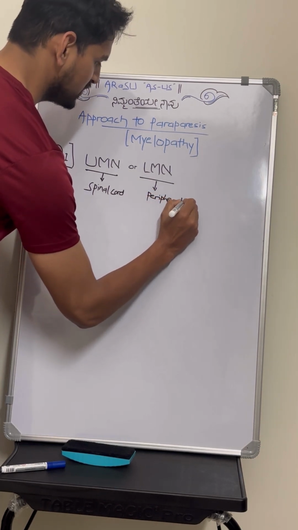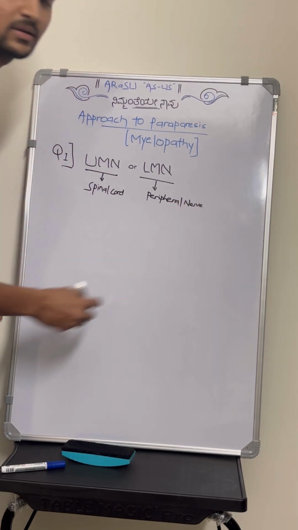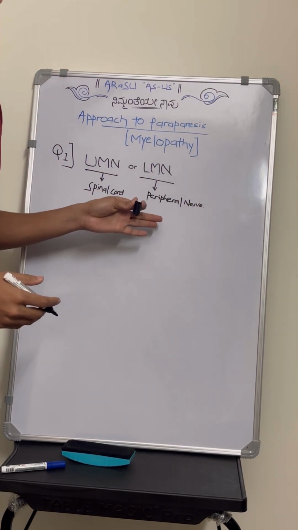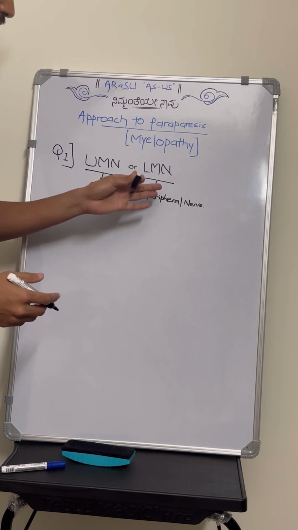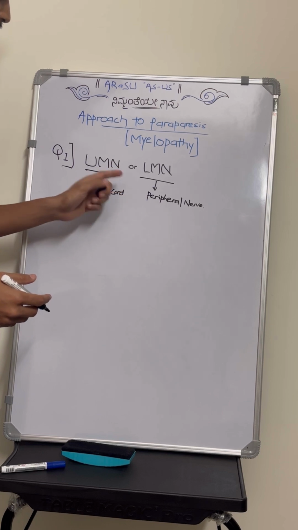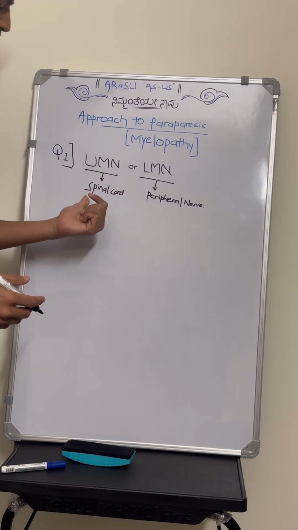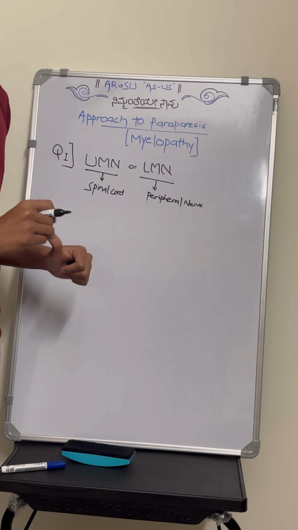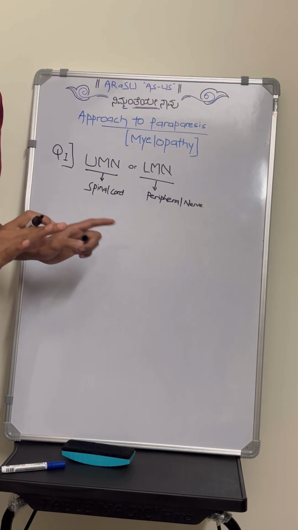So we will be focusing on these two mainly. There are numerous causes for LMN type of weakness, for example muscle diseases, neuromuscular junction disorders, anterior horn cell, radiculopathies, and peripheral nerves. But we will be in confusion whether the disease is because of the cord or peripheral nerve, especially when the individual is presenting with both motor and some non-specific sensory symptoms.